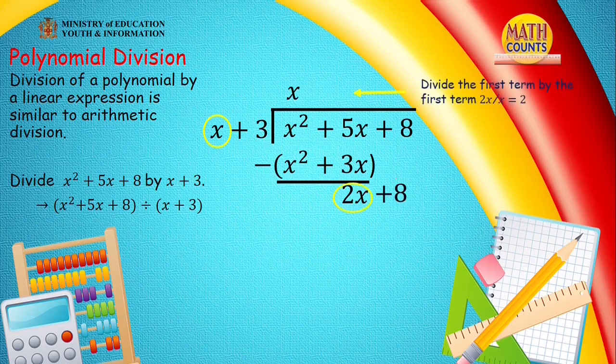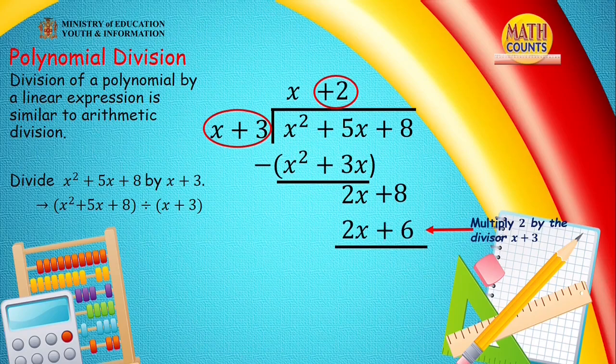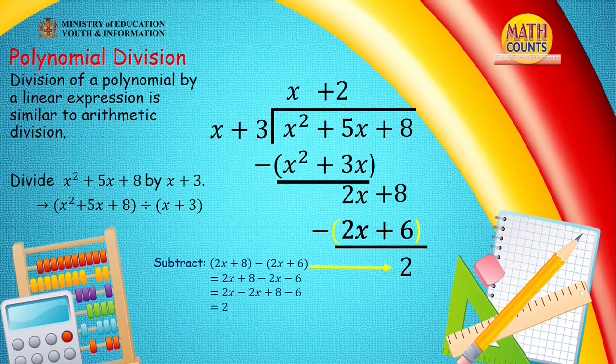So just like before, we divide the first term by the first term. So 2x divided by x gives us positive 2. Now we're going to multiply that positive 2 by the expression x plus 3, resulting in 2x plus 6. We're going to subtract the 2x plus 6 from 2x plus 8. Now again, I want you to be very careful when you're doing this because sometimes as students, we forget to distribute the minus sign.